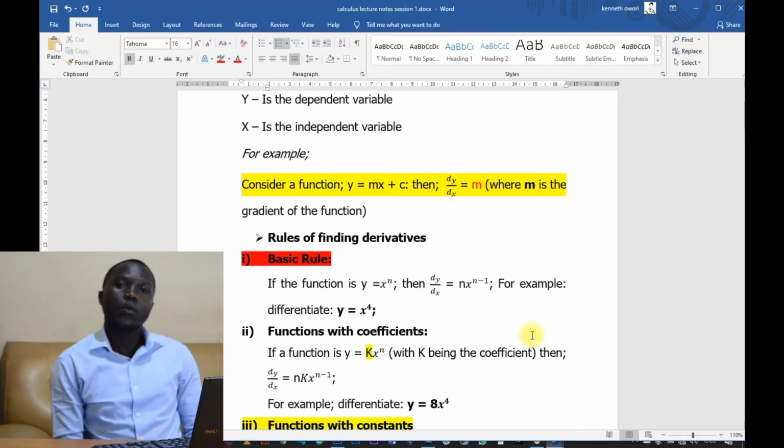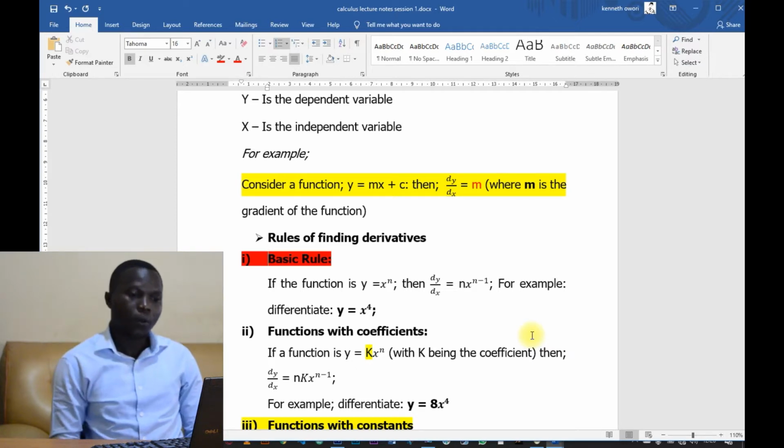Whenever you differentiate, we multiply what we want to differentiate by the power, and then reduce the power by 1. And what we get as a result is what we call a derivative.